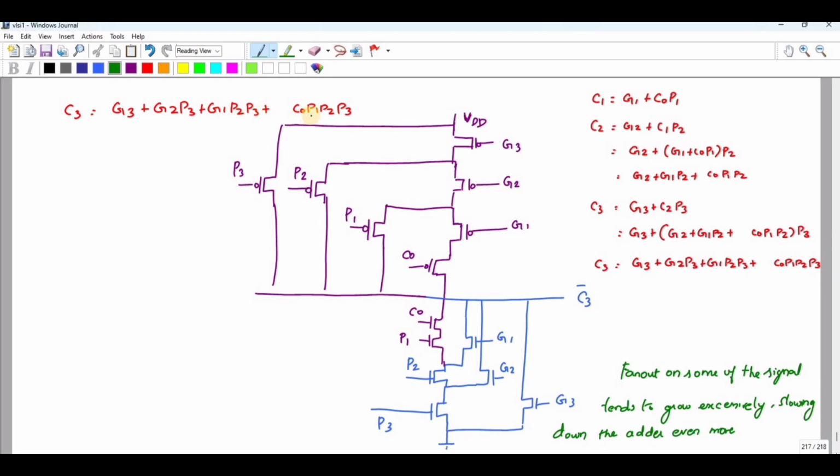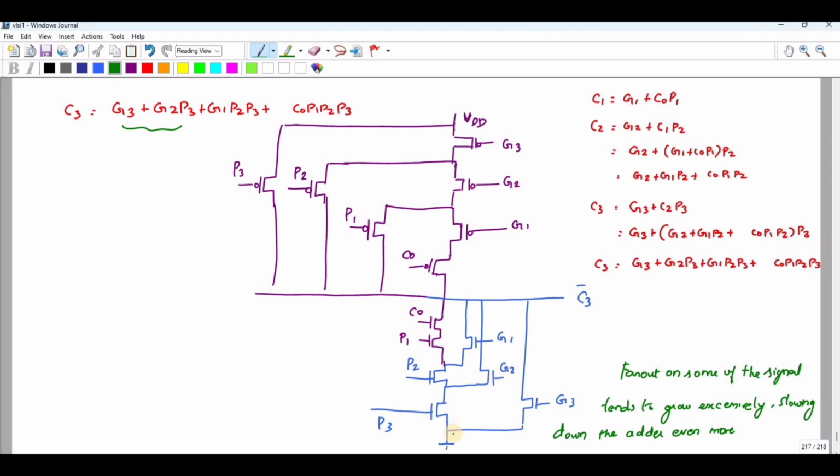So how to implement this? First I implement G3 plus G2 P3. G2 is in series with P3, so this is G2 P3, and this whole term is in parallel with G3.